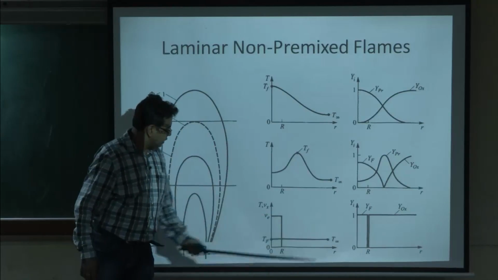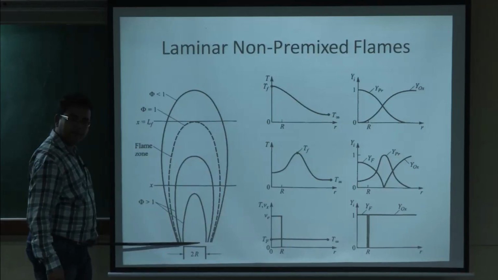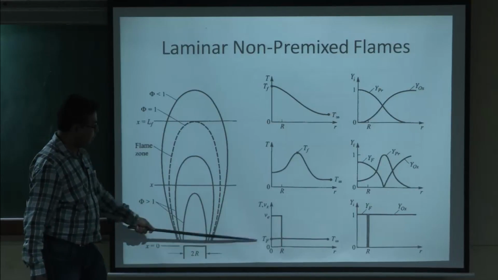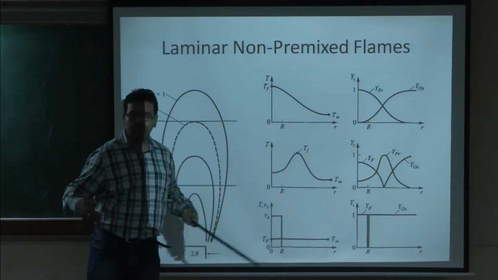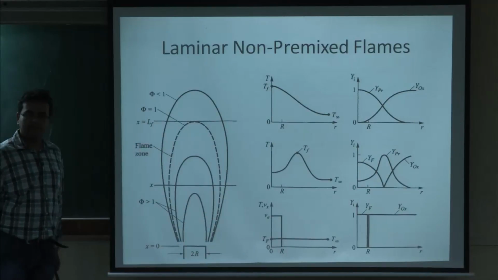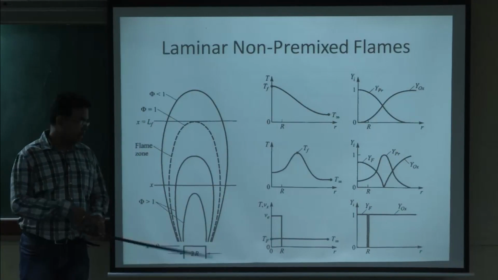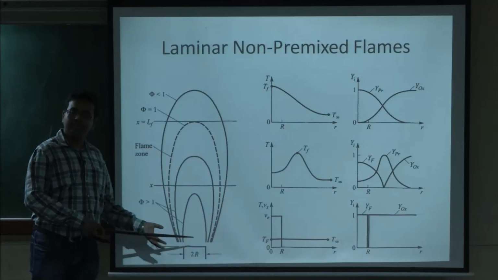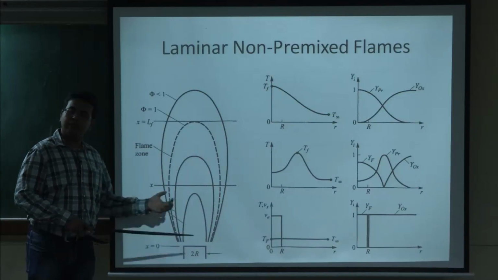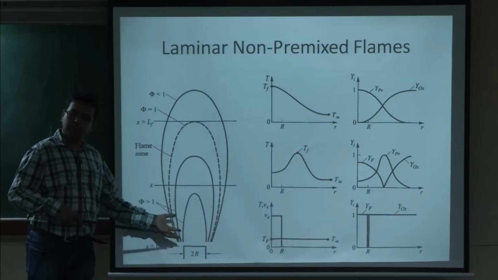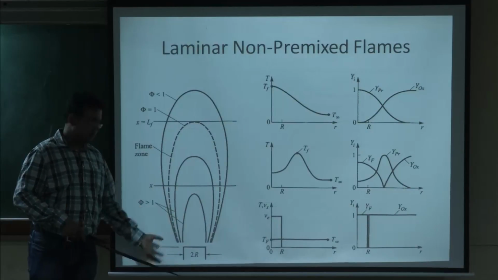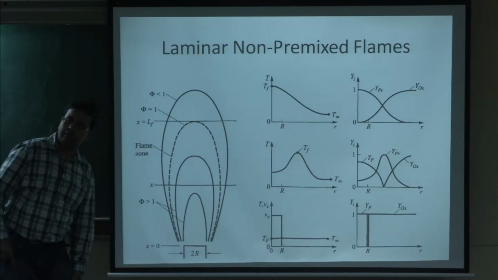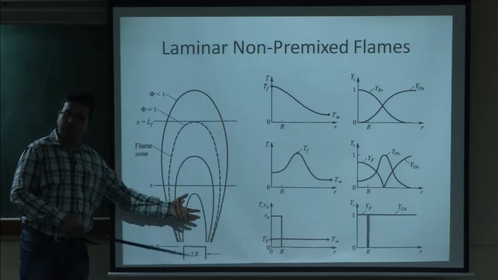So, Yf, initially you have all the fuel in the jet, right. If you go outside you have the oxidizer, but fuel and oxidizer are not meeting, okay. But you can have some situations where you have a partially premixed jet also, right. You have fuel and oxidizer mixed together. So, that is a premixed jet coming out in an oxidizer.